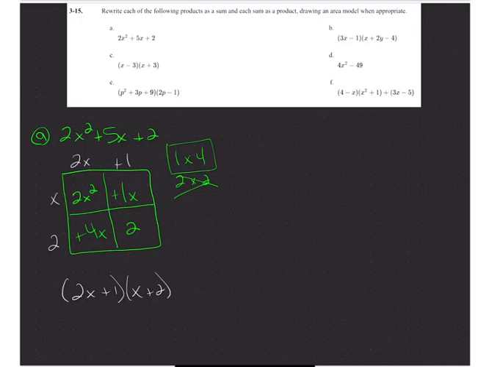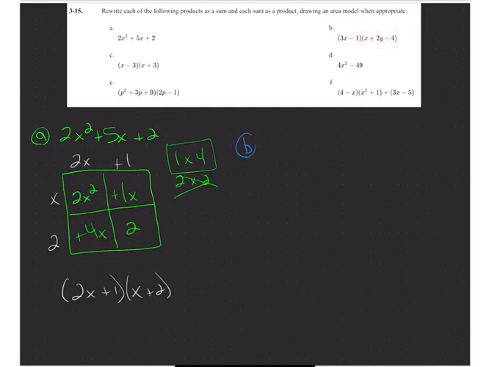For B, we don't have to do all of these problems. We'll kind of jump around a little bit. For B, I want to draw that area model, but on my B I have a binomial, which means I have 2 terms, and this one is a trinomial, which means I have 3 terms.